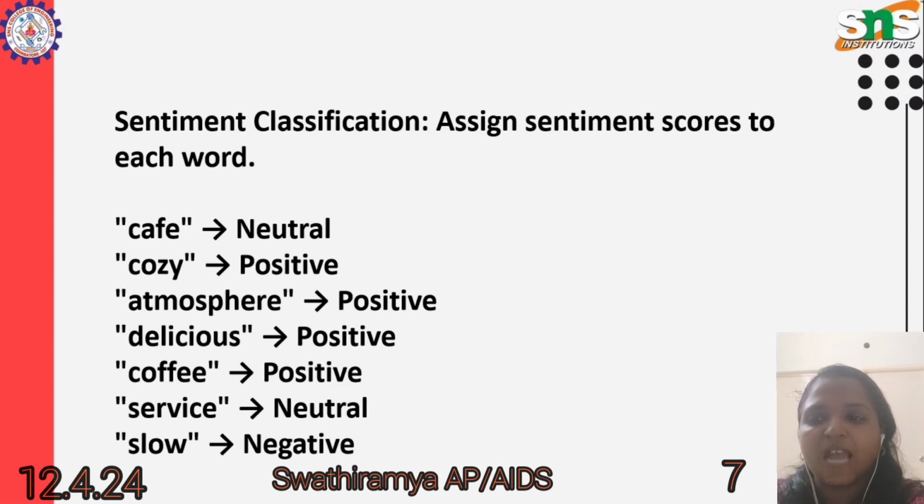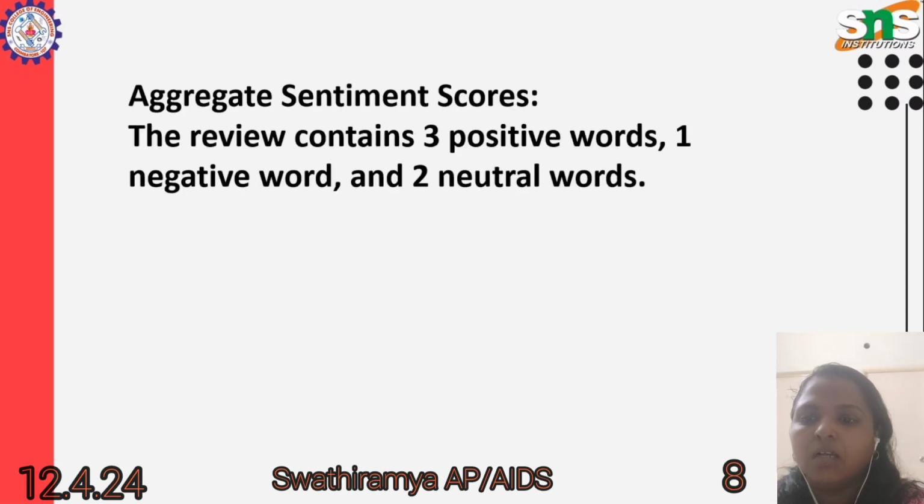Then we have to aggregate the sentiment scores. The review has 3 positive words, 1 negative word and 2 neutral words, so we have to take that into account. Based on this, the final sentiment analysis result will follow.